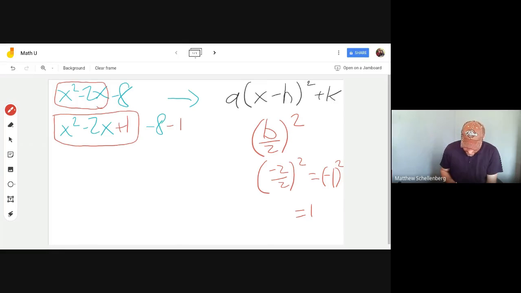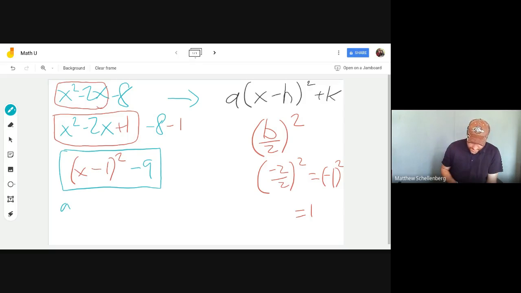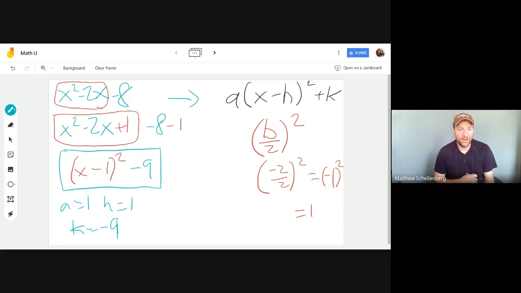So this actually becomes x minus 1 squared. And minus 8 minus 1, that is negative 9. So this now is in the proper format where my a is 1, my h is 1, and my k is negative 9.